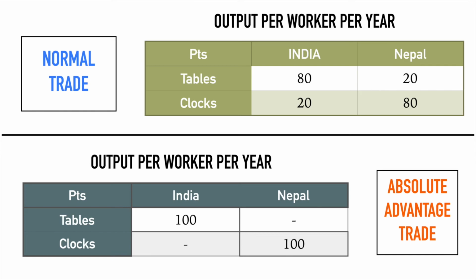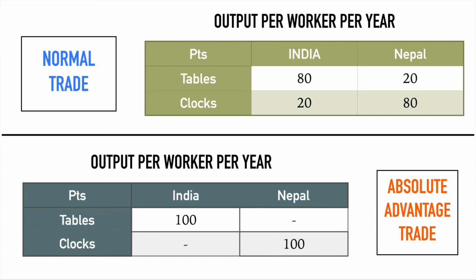100 tables. On the other side, Nepal. Adam Smith says here that Nepal has the absolute advantage in producing clocks, and not tables. So give up production of tables and specialize only in production of clocks. Got it?